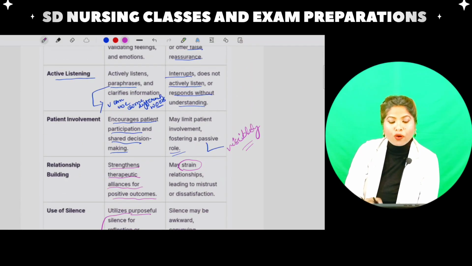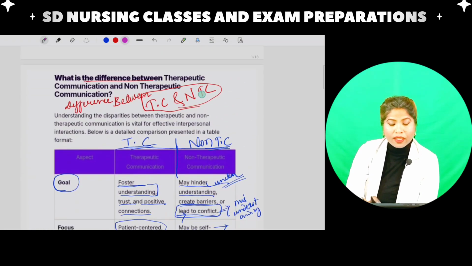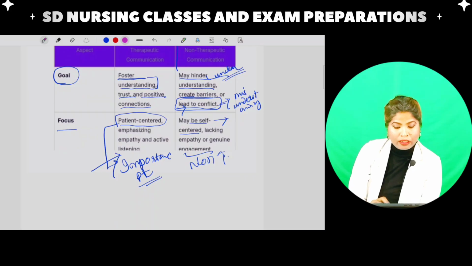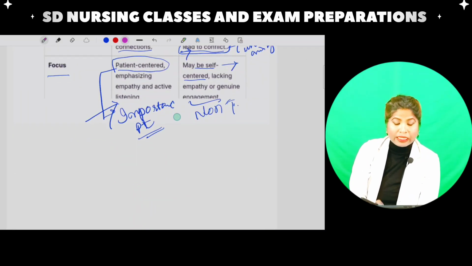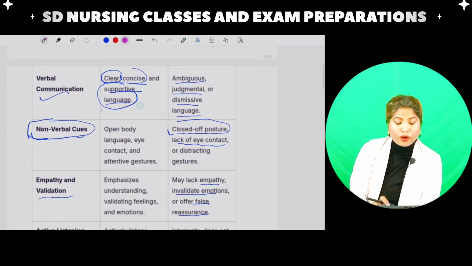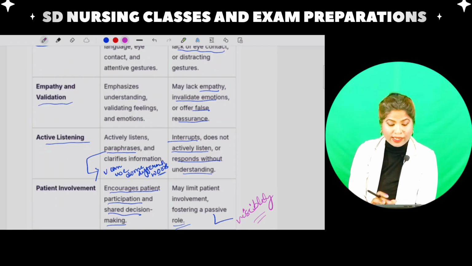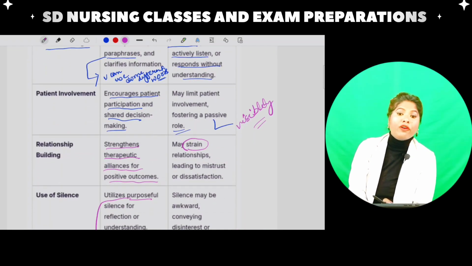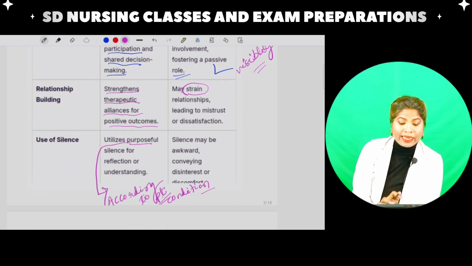So these all are about therapeutic and non-therapeutic communications. Very shortly we will see the difference goal-wise, then focus-wise, then verbal communications, how they are differentiated, non-verbal cues, then empathy and validation, then active listening, then patient involvement, how much the patient is involved in therapeutic and non-therapeutic communication, then relationship building.